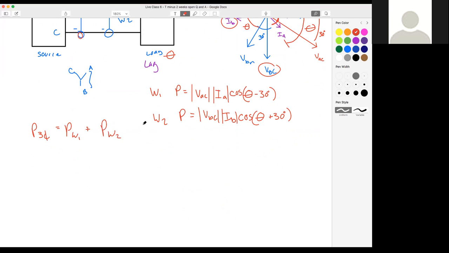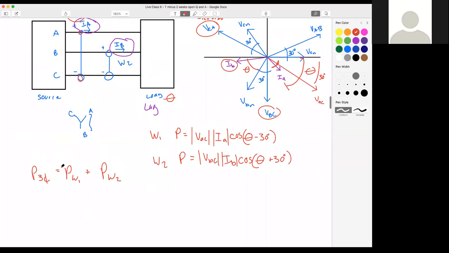And depending on our power factor, it's perfectly okay if one of these is negative. Make sure that you add correctly. So if PW2 is negative, we would actually have PW1 minus PW2. So that's perfectly okay if they're negative. And you definitely don't want to accidentally drop that negative symbol, because that's what's going to give you your total correct power.